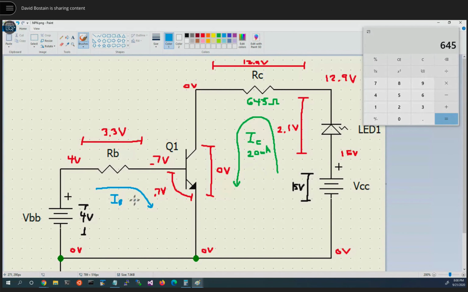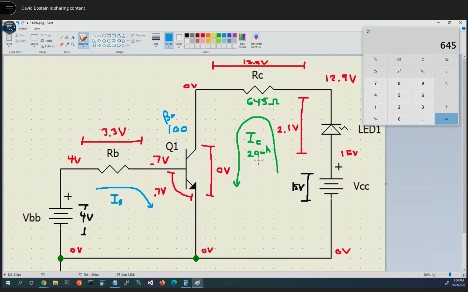And the base current has to be a value that when multiplied by beta, we know beta to be 100, right? That's what beta is equal to if we weren't told otherwise. We need, when this guy is multiplied by 100, it's bigger than this guy right here.